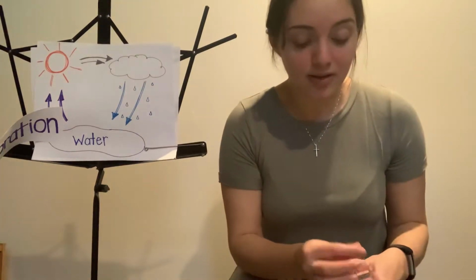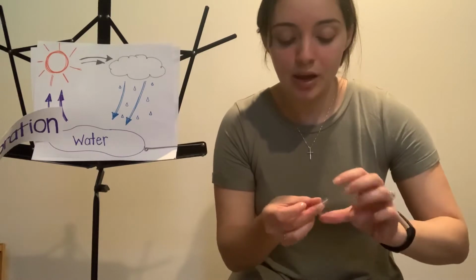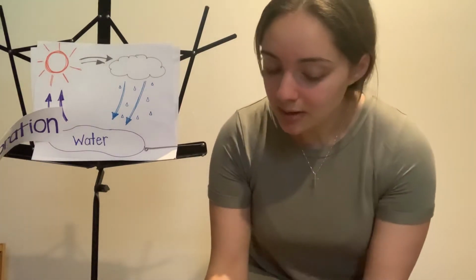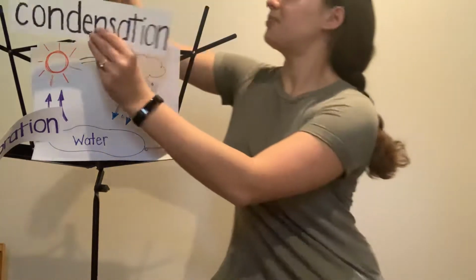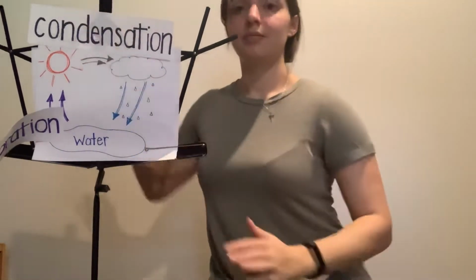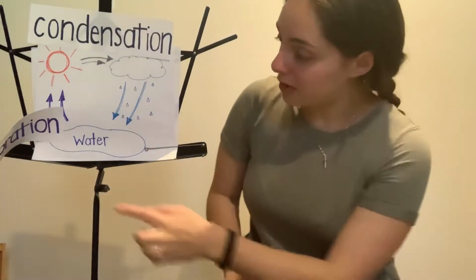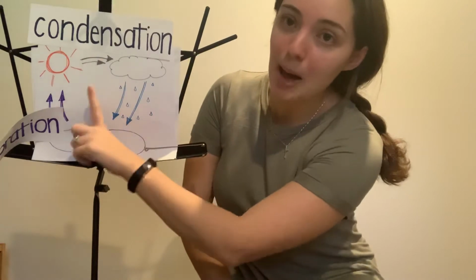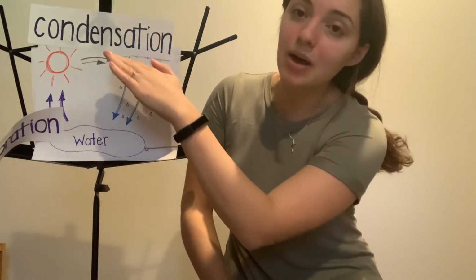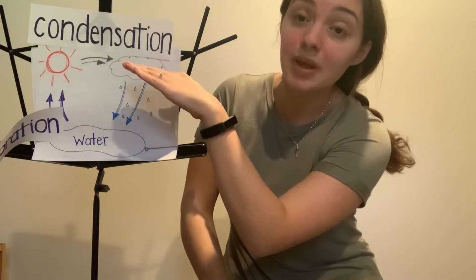So I'm going to tape on my word condensation, and hopefully it will stick right where it's supposed to stick. There we go. All right, so first the water evaporated up into the sky. Now it's hanging out as a cloud in condensation.